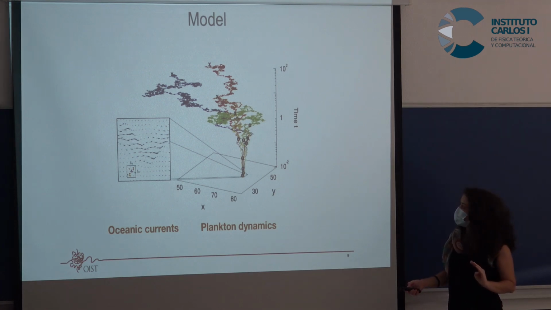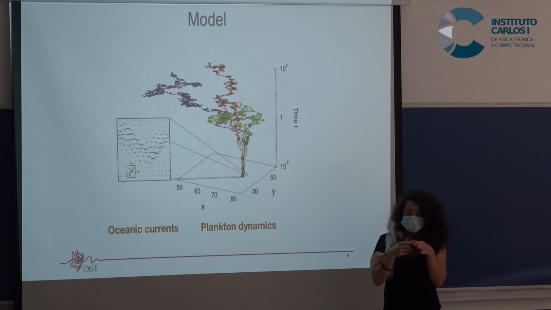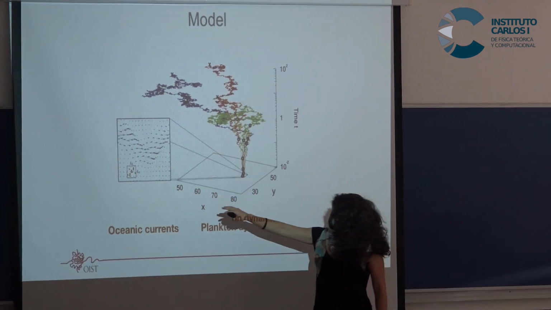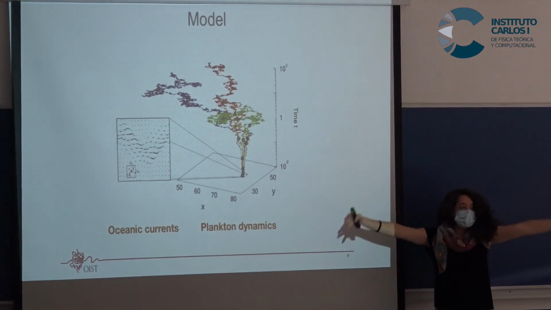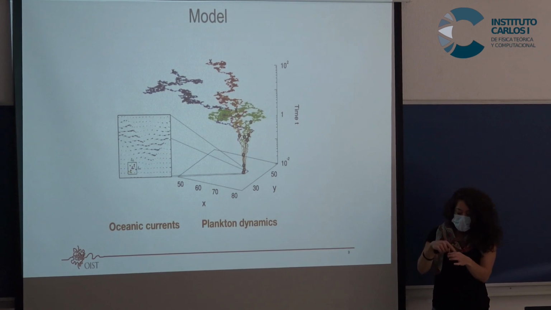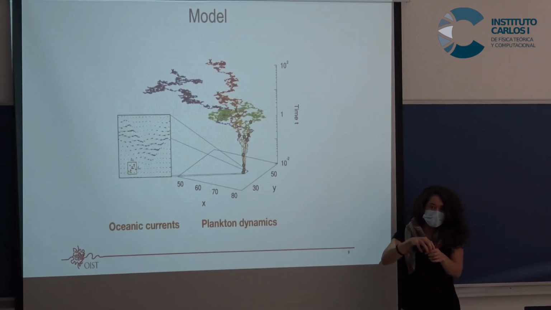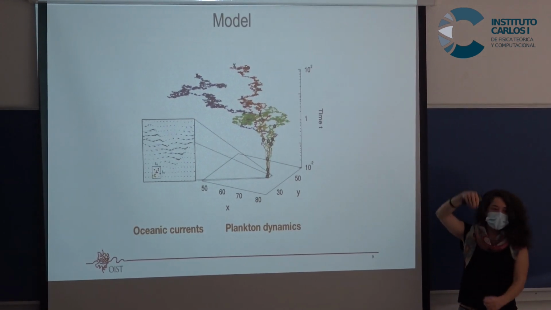For doing this, we do the dynamics for just a sample in the ocean. So we have a sample of species that comes from a huge community, and we just simulate what happens with the sample that we are taking nowadays, back in time.